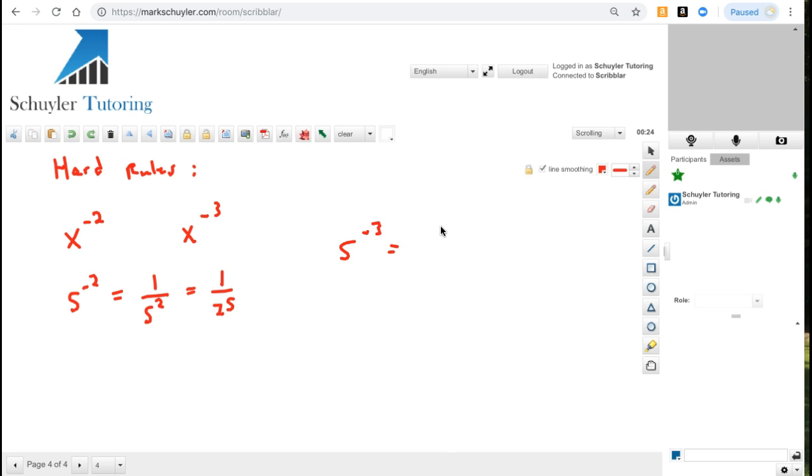Well, that's really going to be 1 over 5 to the 3rd, which is 1 over 125, a pretty small fraction. Notice the smaller the negative power you bring it to, negative 3 is even smaller than negative 2, the smaller your fraction is going to become, the closer to 0.